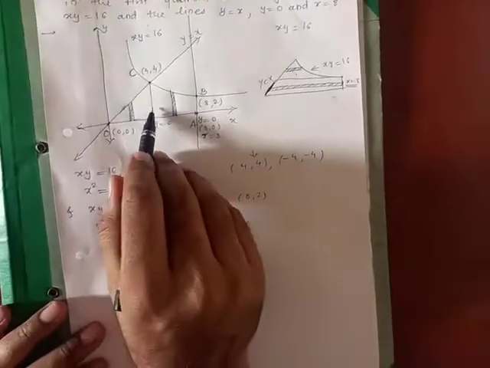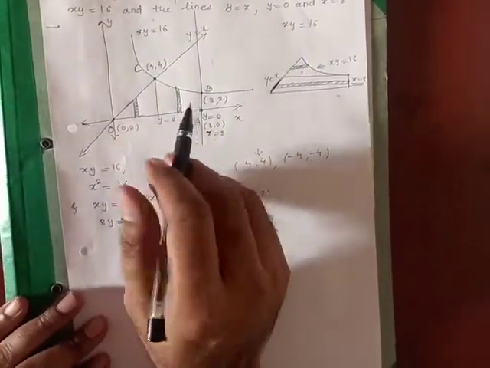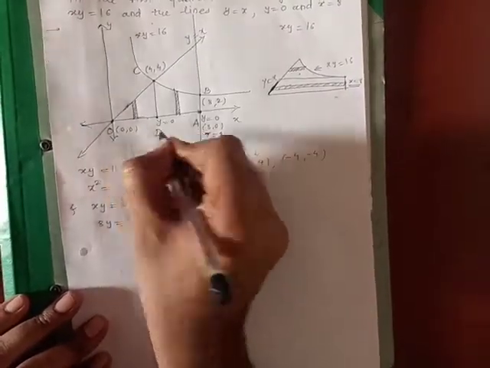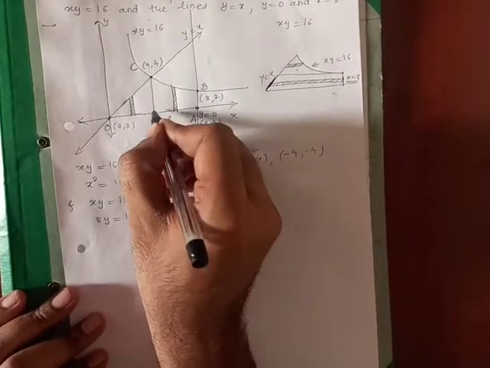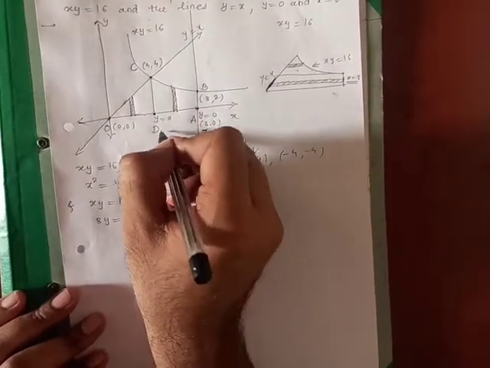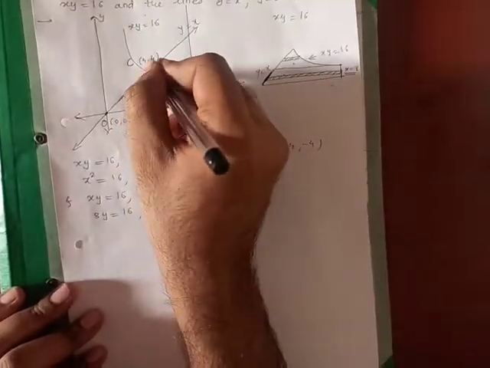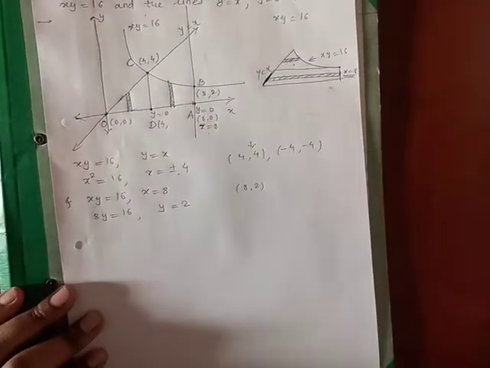We'll consider this one, right? So the rectangular, therefore let us say this point is D. Again, I need to find the coordinates of this point D. As you can see, this is a line perpendicular on this, this is 4, so x coordinate is 4.